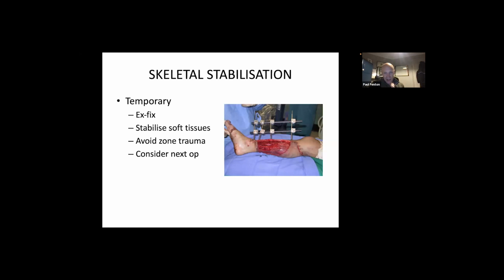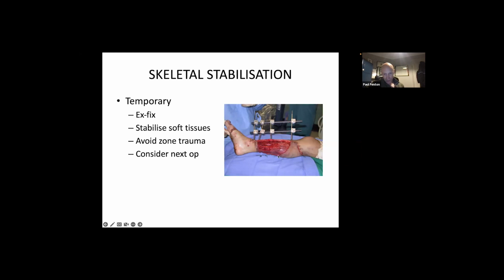With our X-fix, they've not necessarily achieved it here, but we generally try to keep the fixation out of the zone of trauma. In this limb, the zone of trauma goes from pretty much the ankle to the knee, so they've kept most of the pins out. Maybe that pin shouldn't be there, but ideally you want to keep everything out of that zone of trauma so none of it's been contaminated or interfered with, and it's all amenable to reconstruction when we come back.